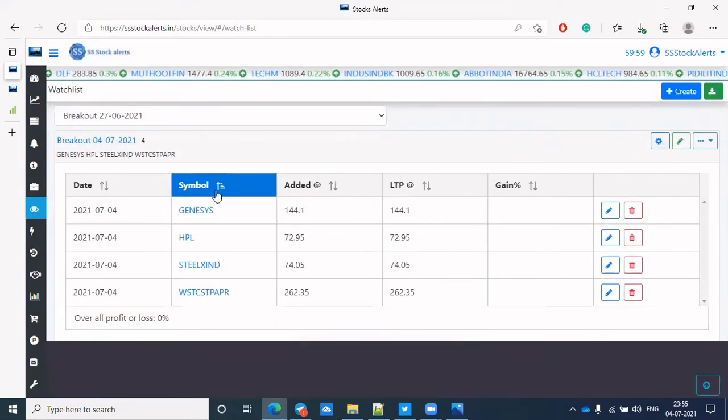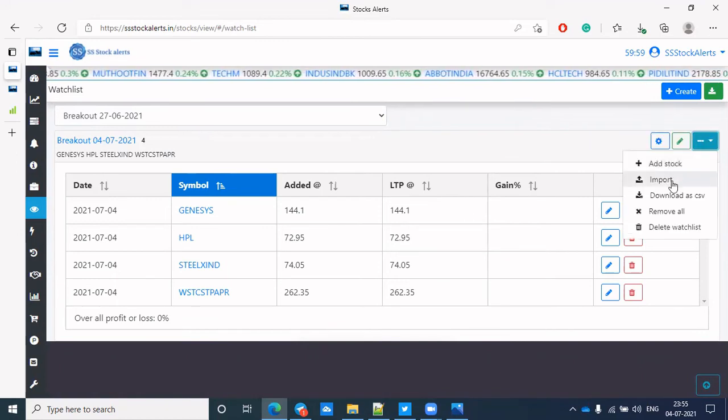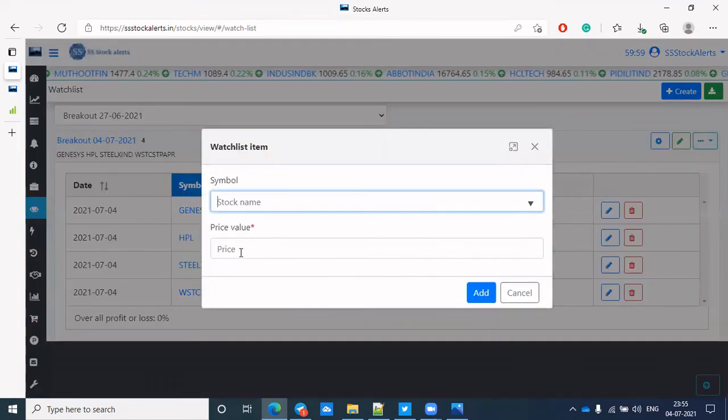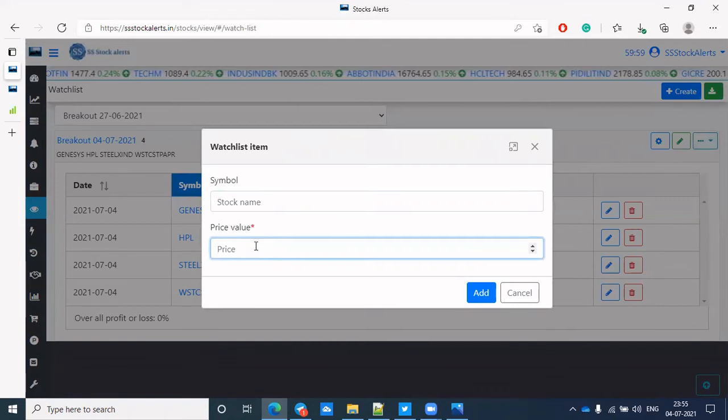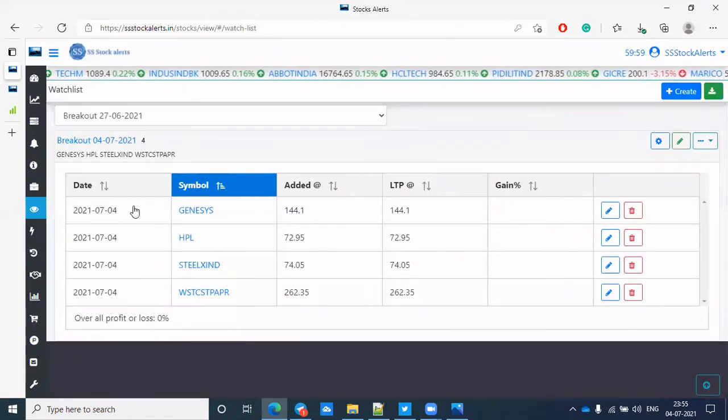Or if you want to do it one by one, you can add a stock, type the name, enter the price you entered at, and click on it. Anything is fine. Now I have added these four stocks to my watch list, so I can watch them. This is my watch list added price. Once the week starts, here we will see either gains or loss. This is how we can track them here.